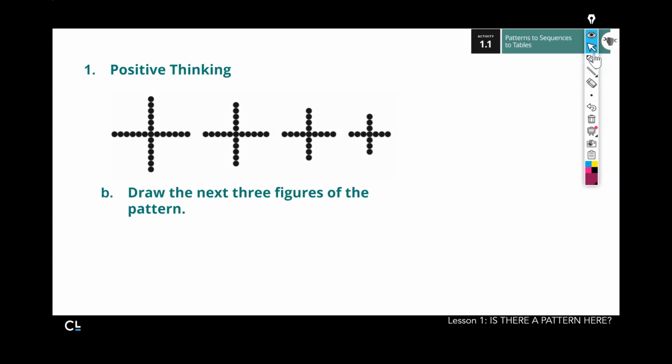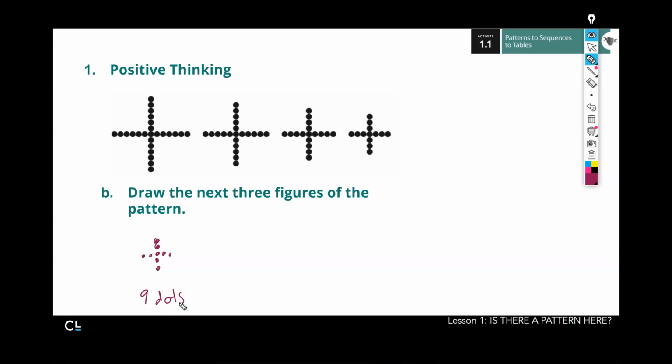All right, so we said the next one would have 9 dots. Notice how I'm looking right here. I've got 4 above, 3 above. So I'm going to say 2 below, 1 in the middle, 2 below, 2 over here, 2 over here, 2 over there. Does that give me 9? 1, 2, 3, 4, 5, 6, 7, 8, 9. So we got 9 dots.